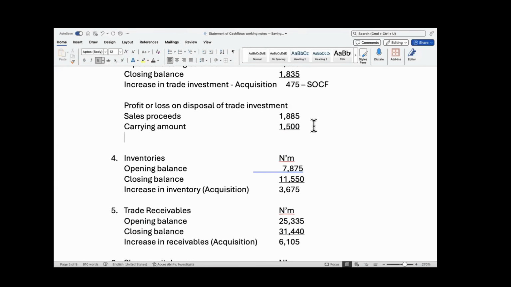And this is a gain on disposal of trade investments, of 385. So it is also a non-cash item that we need to adjust. We need to remember to adjust it.